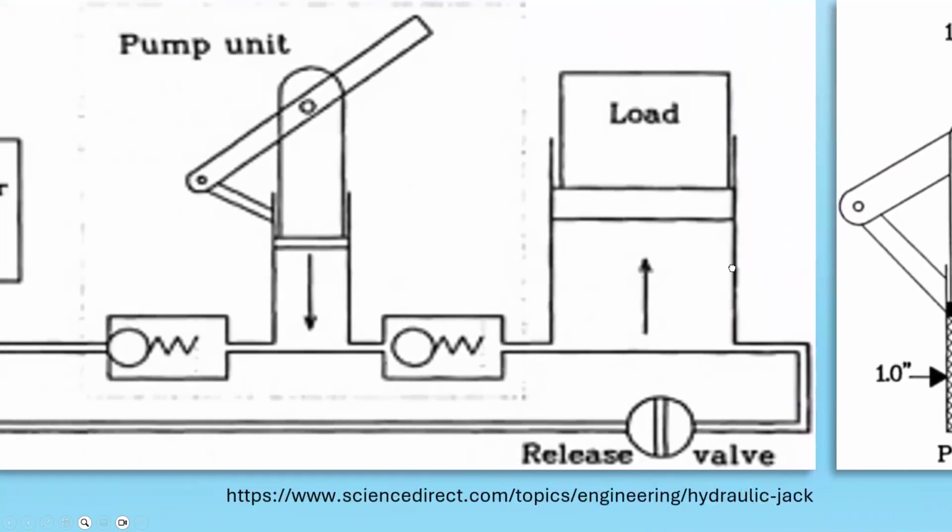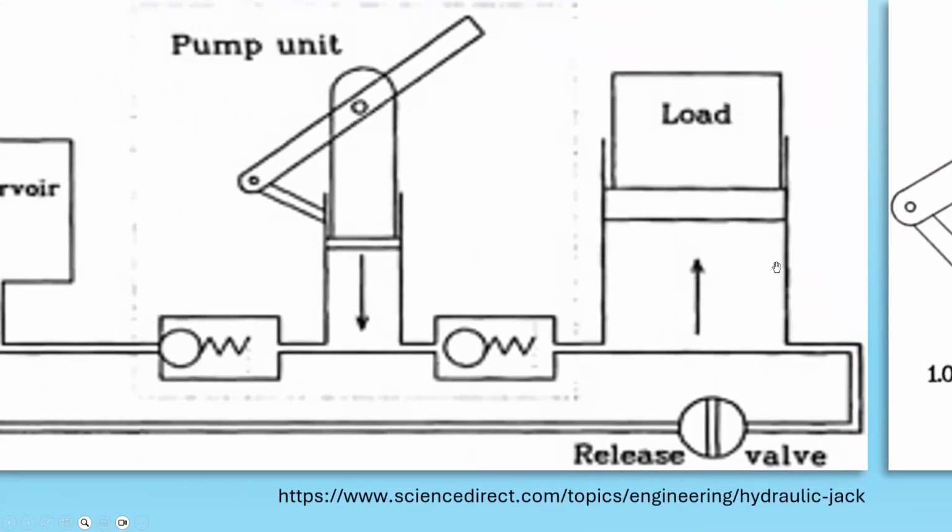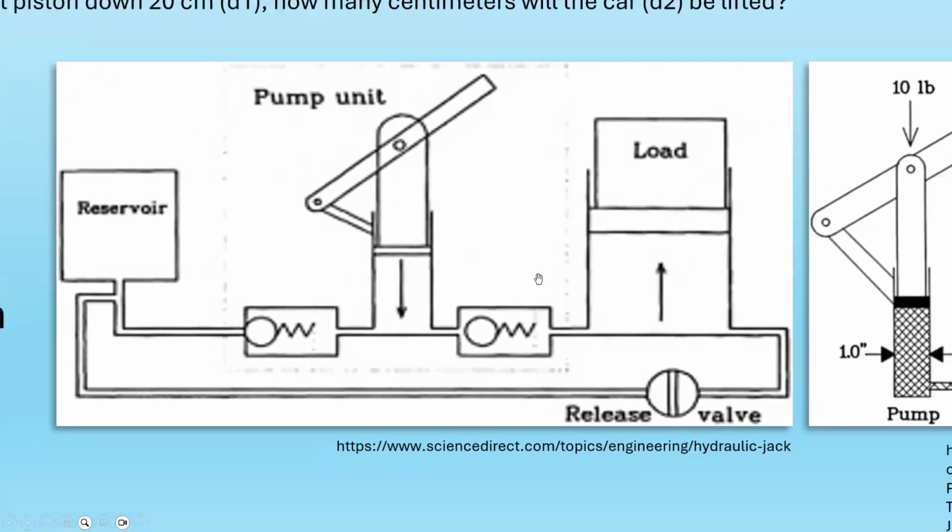Here's a jack that's more realistic than the previous one. What do we have as far as the hydraulic system? Here's our pump unit. That's the handle that pushes things. Now we can pump it instead of just moving it.